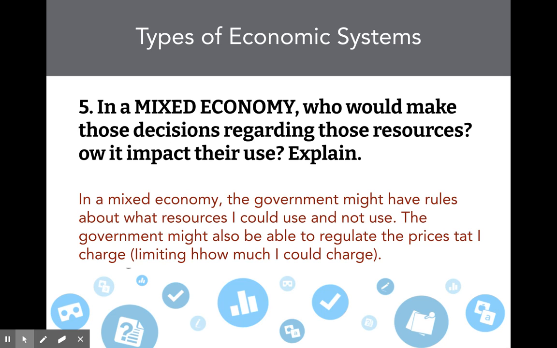But pretty much I get to control the rest. So in a mixed economy, there might be some government limitations, but I get to make most of the major decisions.